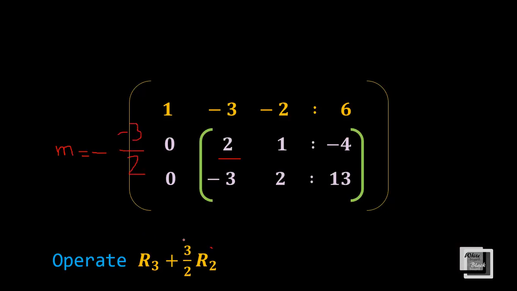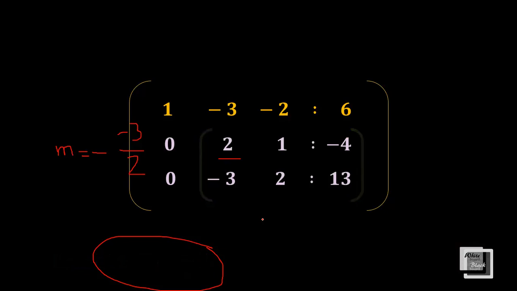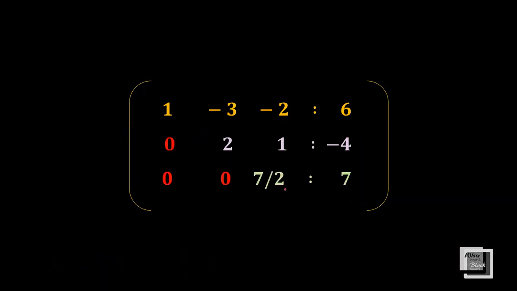So our operation will be R3 plus 3 by 2 R2. On applying this operation we will get 0, 0, 7, 7.